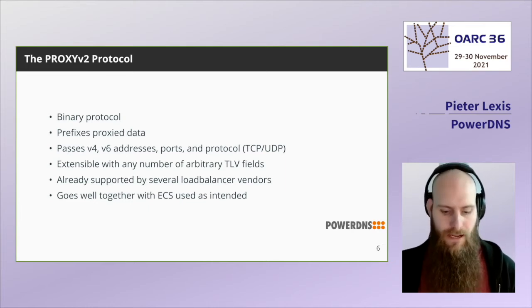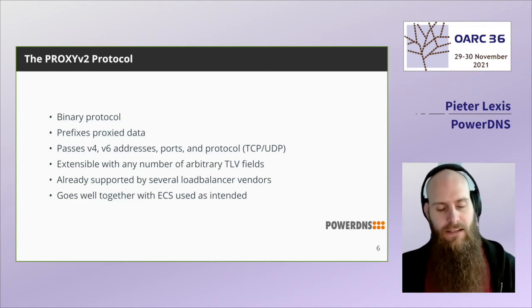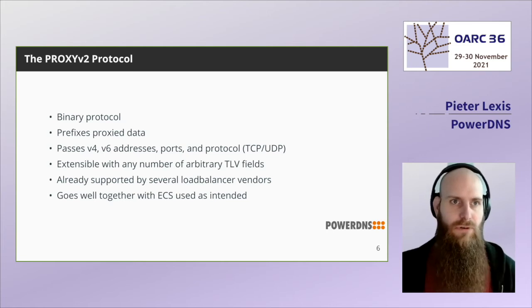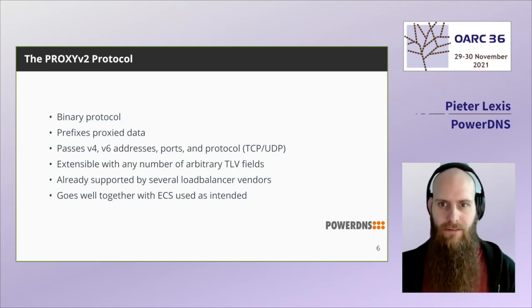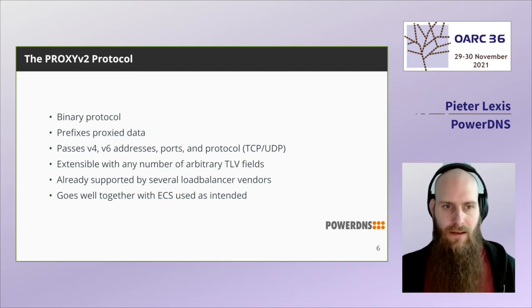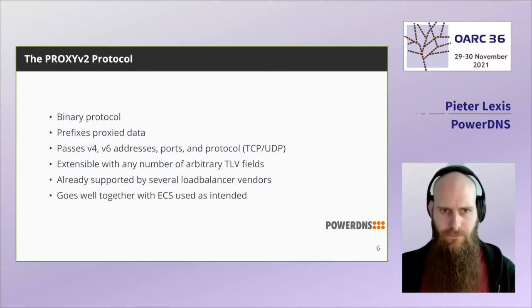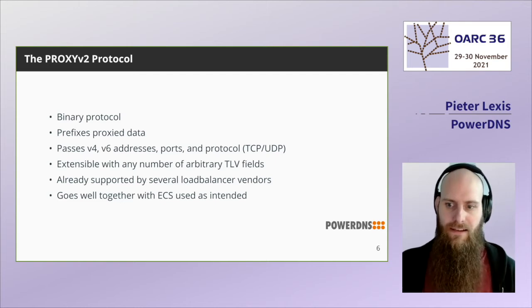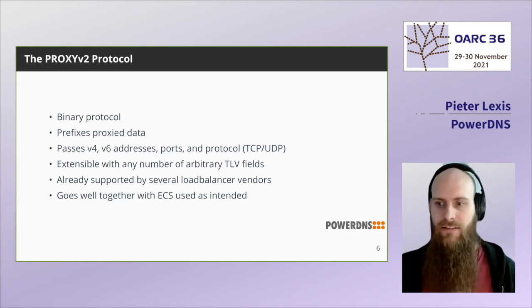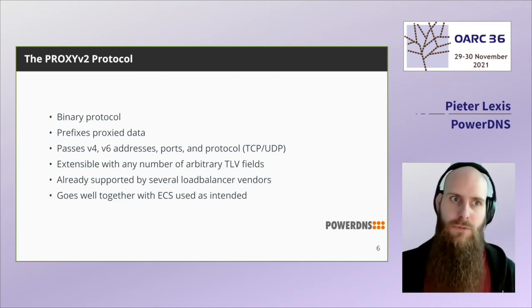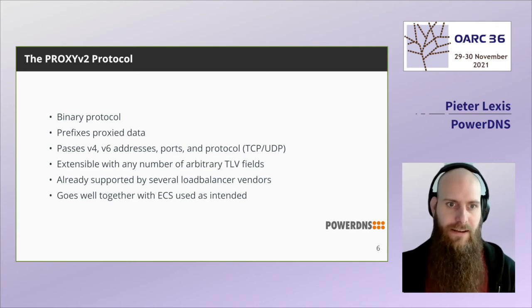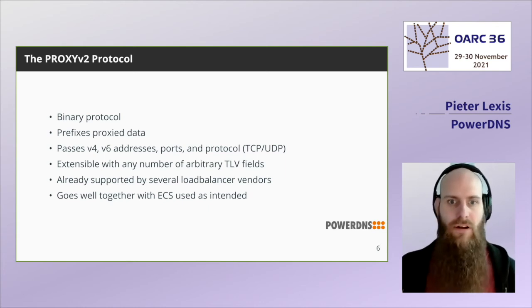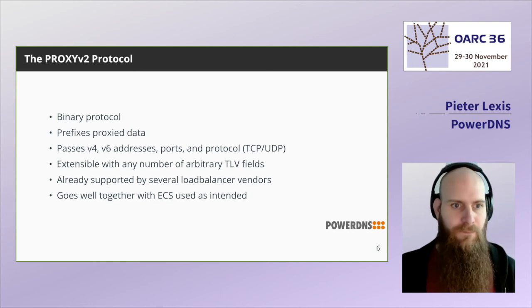So this is why for PowerDNS, DNSdist, we have implemented the proxy v2 protocol, and we hope, of course, other implementers will do this as well. This is a binary protocol that prefixes the data that is being proxied. And it only lives between the proxy and the backend. The backend does not even respond with prefixed data. It can pass IPv4, IPv6 addresses, ports, and protocol like TCP and UDP.